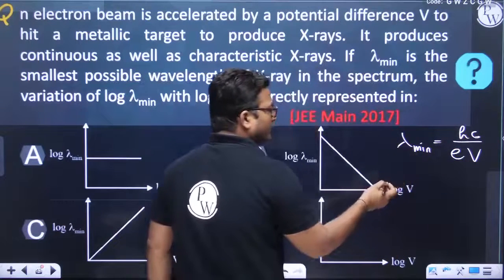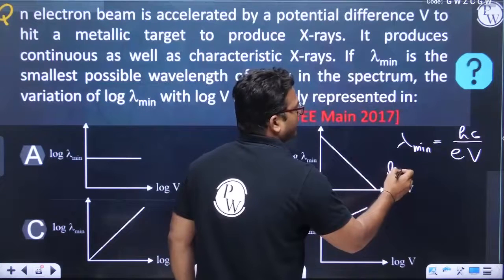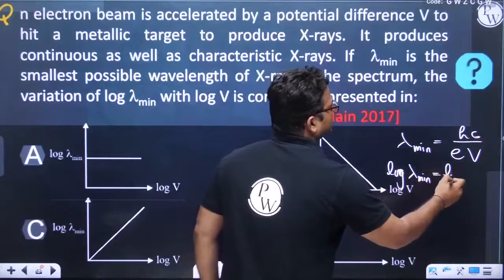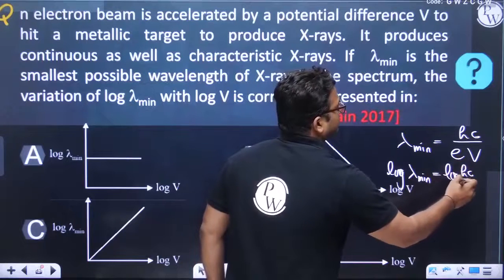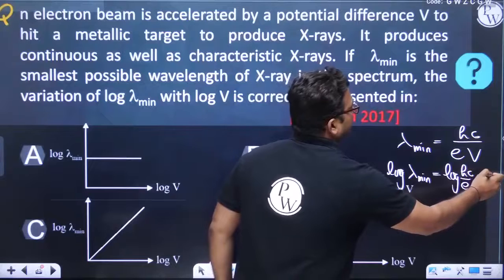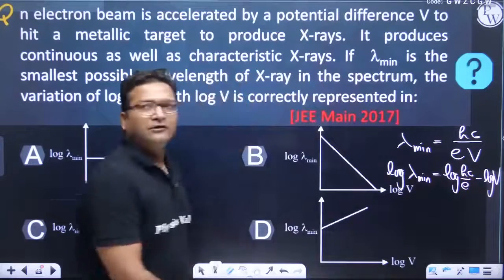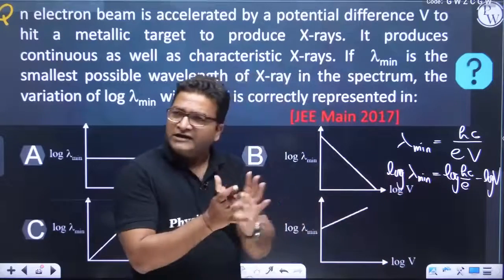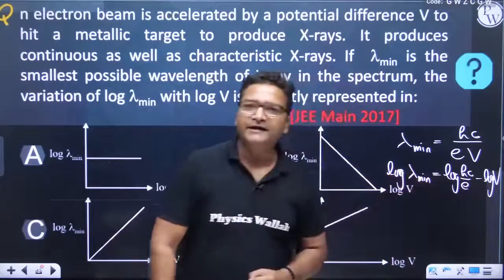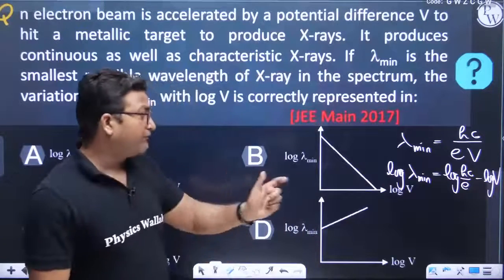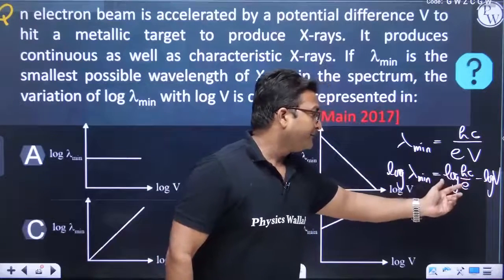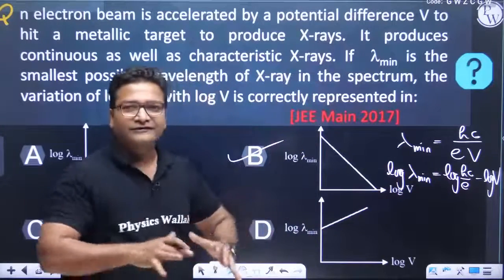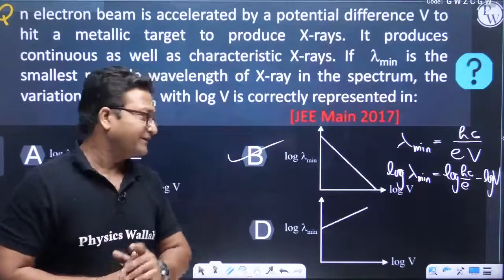If we take log on both sides, we have log lambda minimum equals log hc by e minus log V. And now if you see this relation, the variation between this quantity and this quantity is linear with negative slope and positive y-intercept log hc by e, and all these qualities are fulfilled by option B. So B is obviously the correct choice. Okay, next.